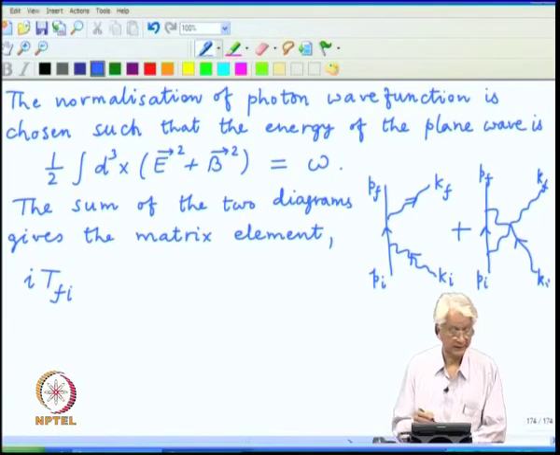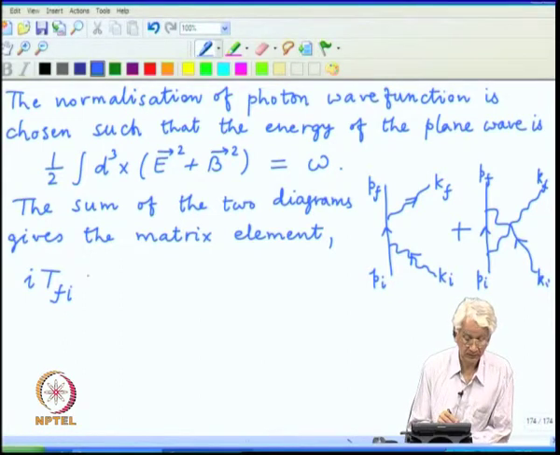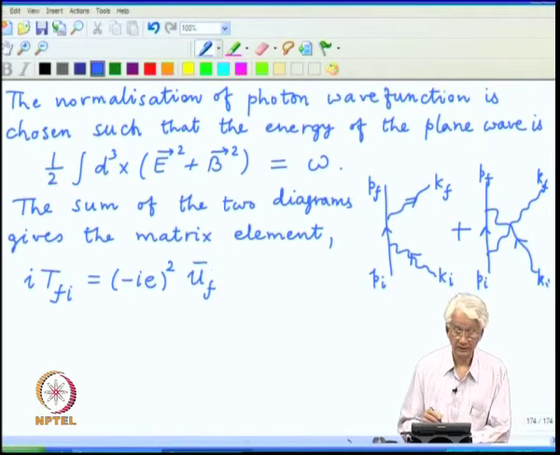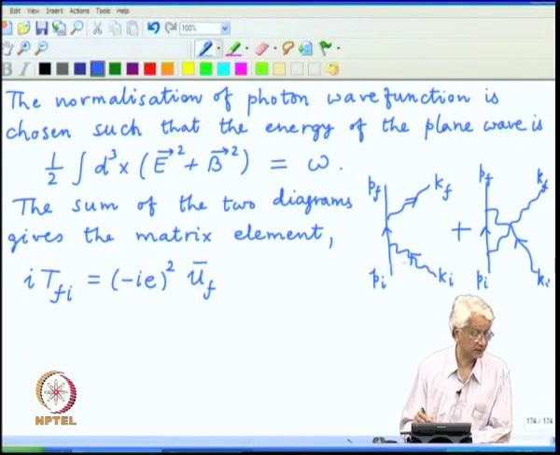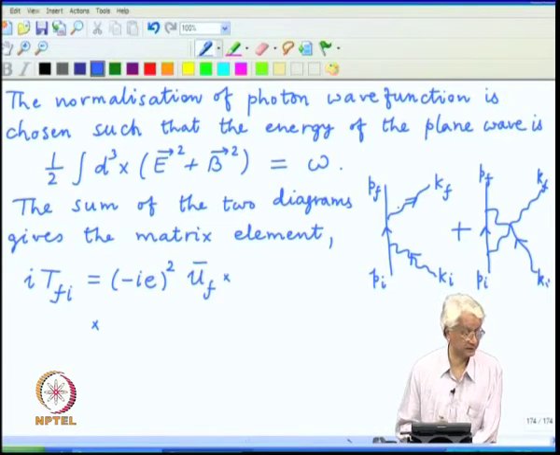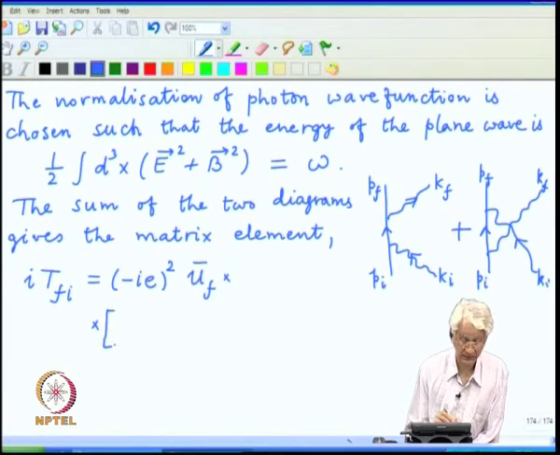So, the overall delta function for energy momentum conservation is taken care of. So, there is a factor of minus i e square which comes from the two vertices, and then there is a u bar f for the final wave function, and then there is a huge product of various gamma matrices which we have to now explicitly write down.